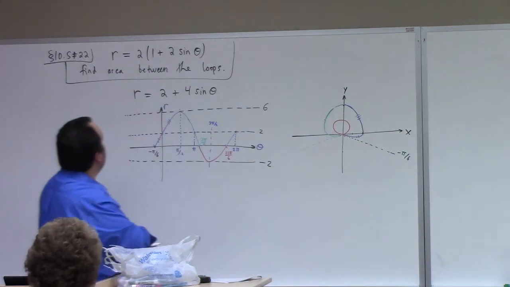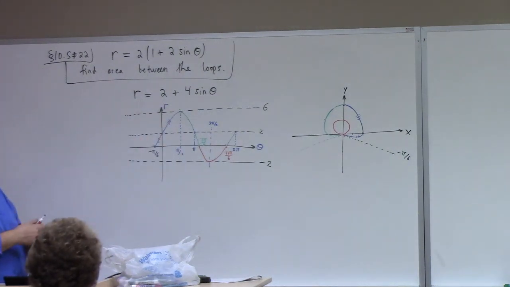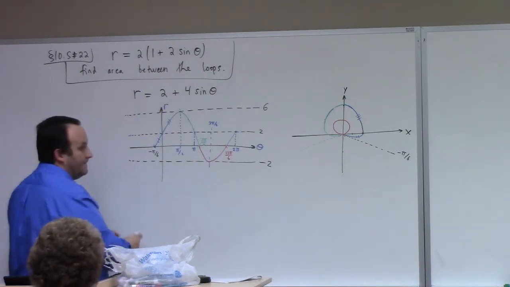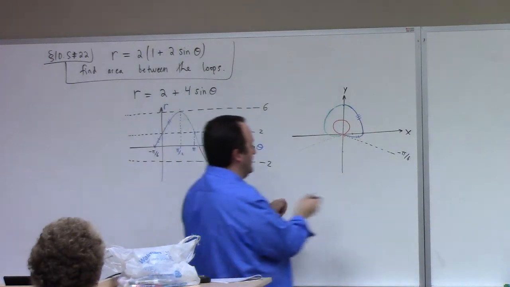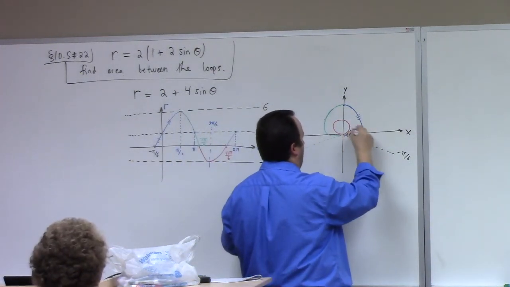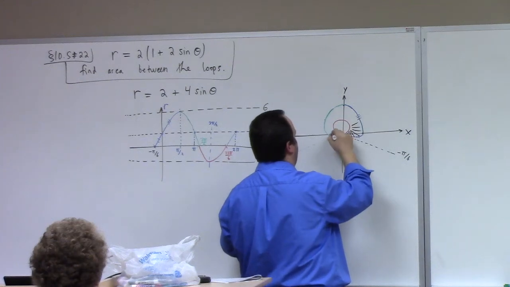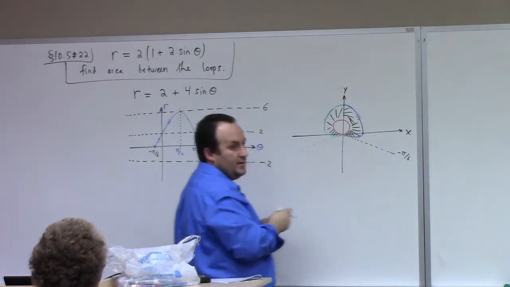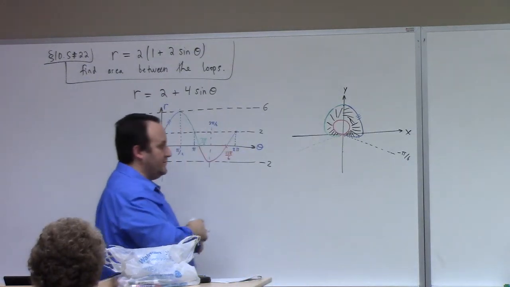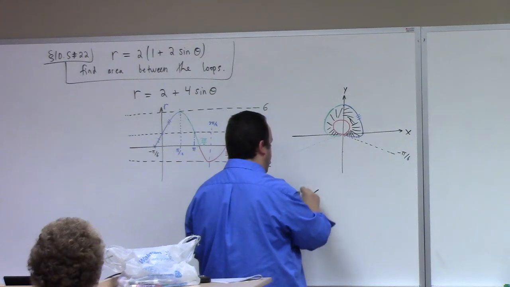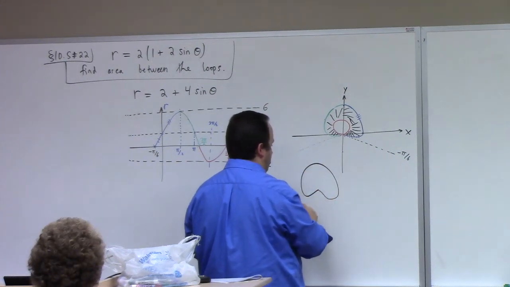Now what's the question? It says find the area between the loops, right? So now we see what it is, right? It's this area up in here. Now, I think the way I would do that would be I would find the area of the sort of cardioid-looking outer thing.